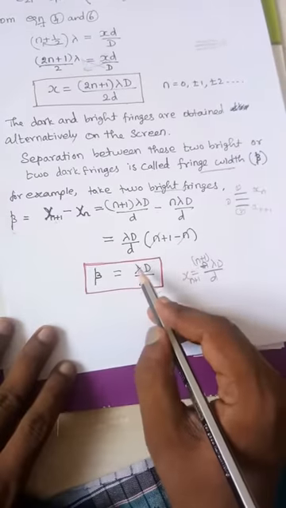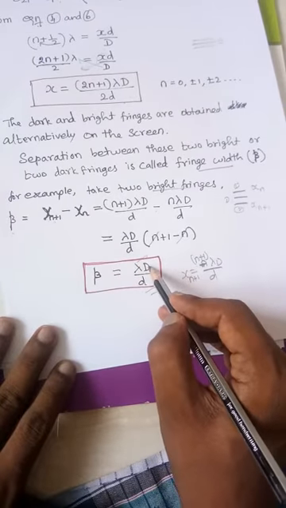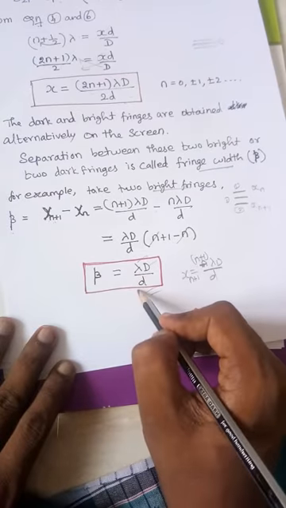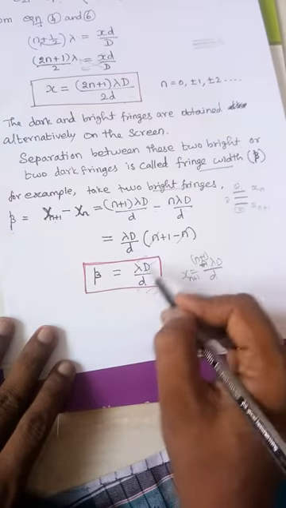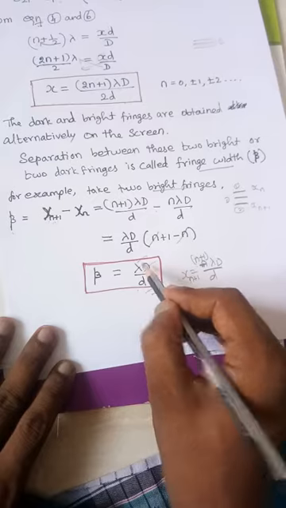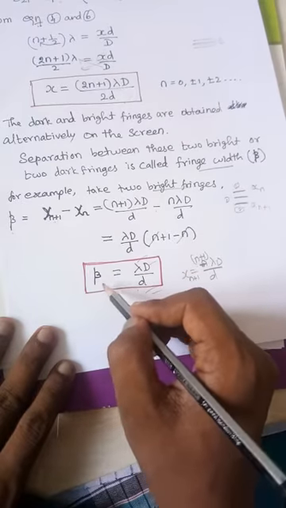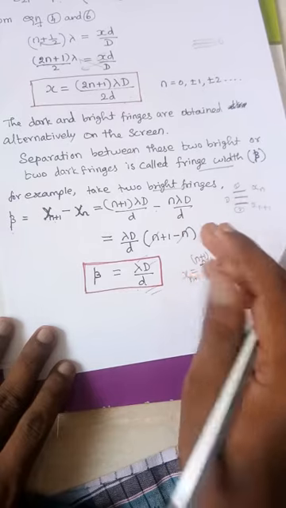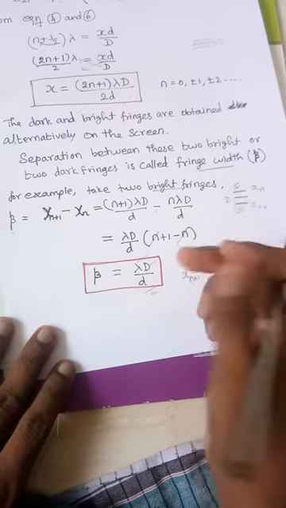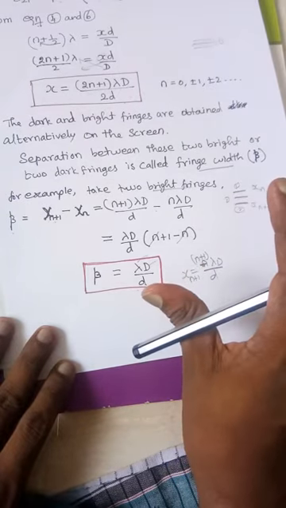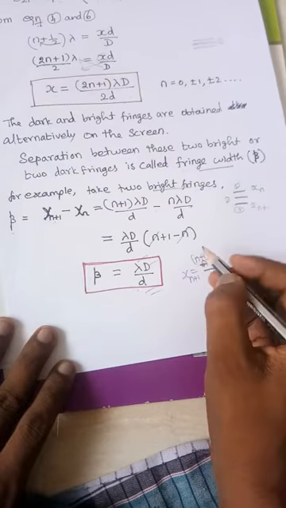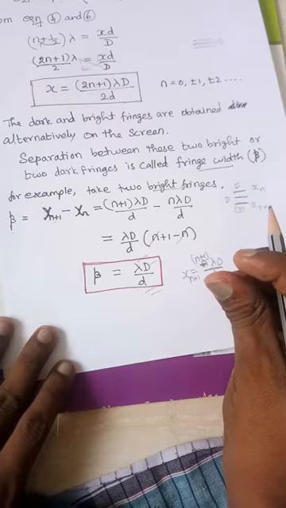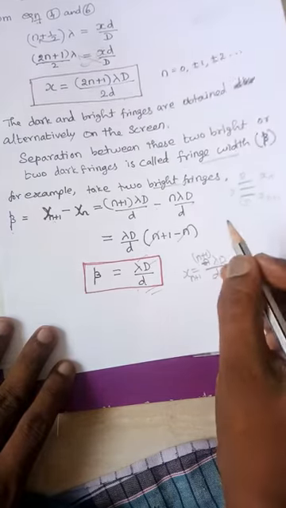Lambda means the light wavelength. D means the distance between the source and screen. Small d means the distance between the two holes. You simplify, and you will get the width of bright or dark fringes, because both have the same width. You can find the width of any one fringe. It is a very small value, very difficult to see with the naked eye.